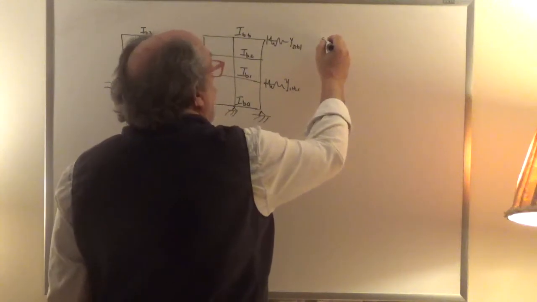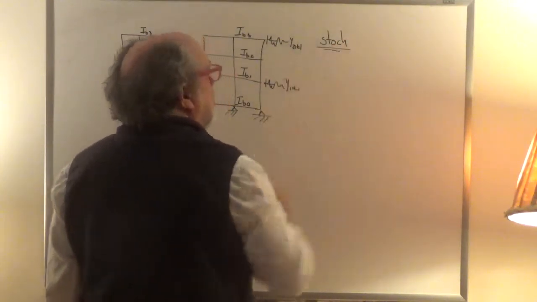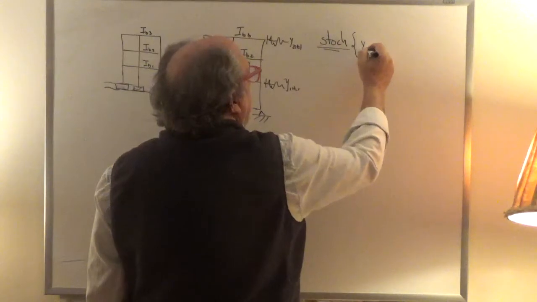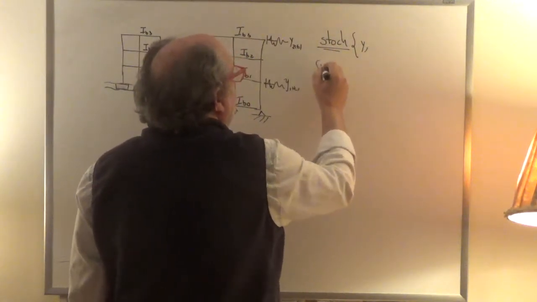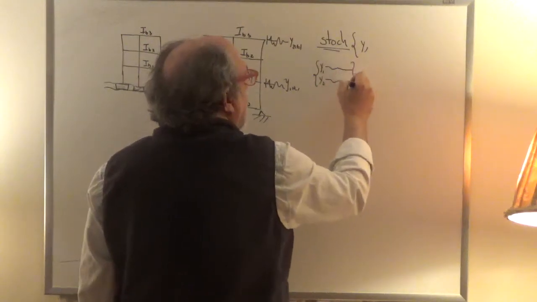I go to my program stock, or something like that, and I input my output y, right? My output y is of course something that has y1 on the first row and y2 on the second row.